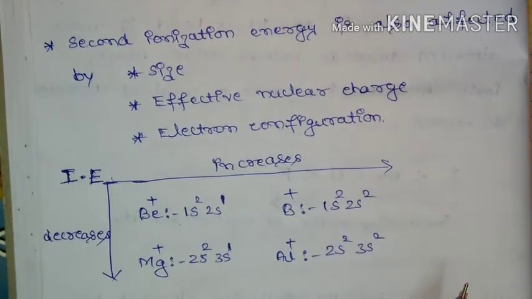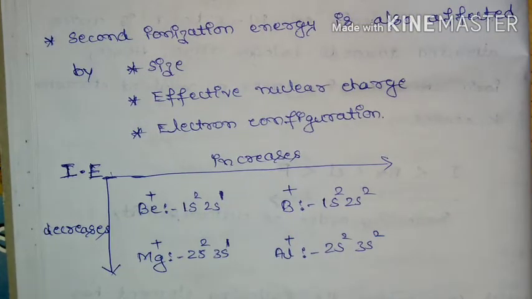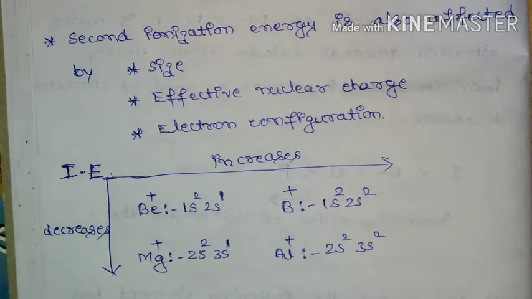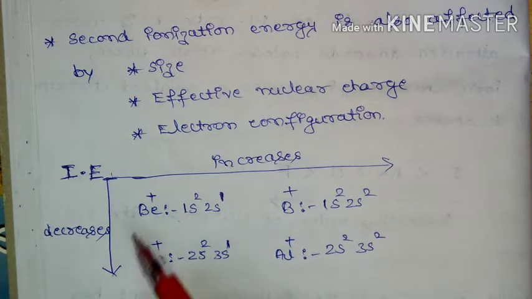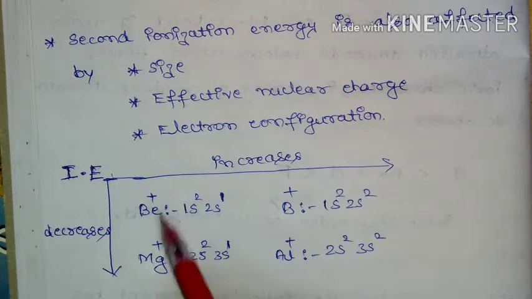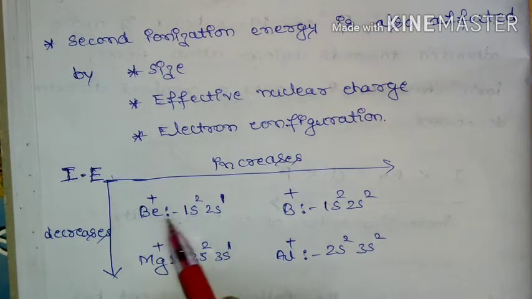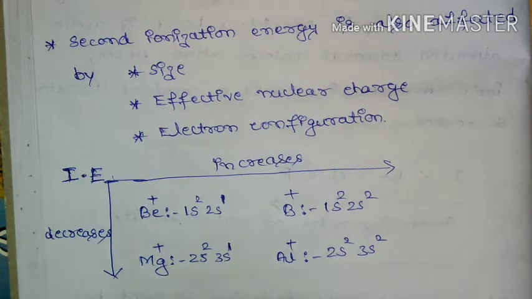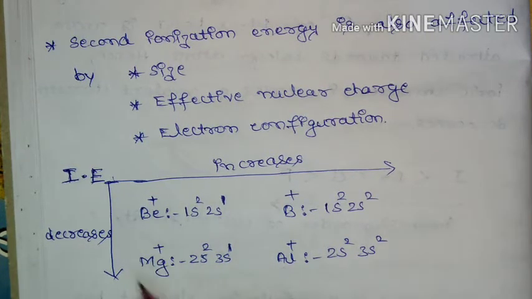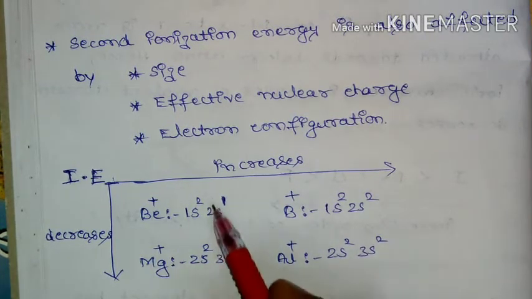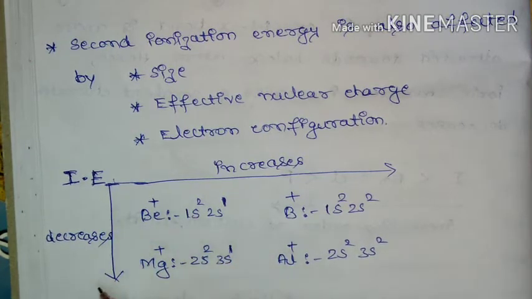And we know that ionization energy increases along the period and decreases down the group. So they are given 4 different options, that is beryllium, magnesium, boron, aluminum. If you consider Be+ and Mg+, if you want to remove an electron from these, this ionization energy will decrease down the group.